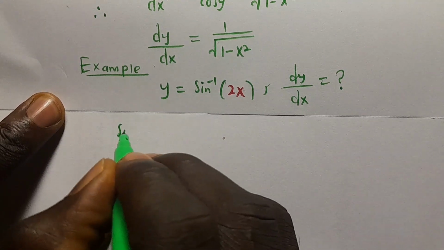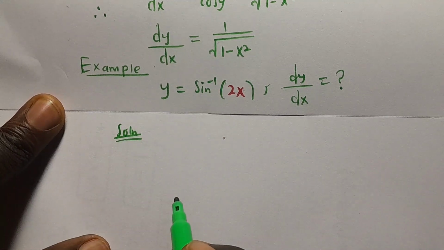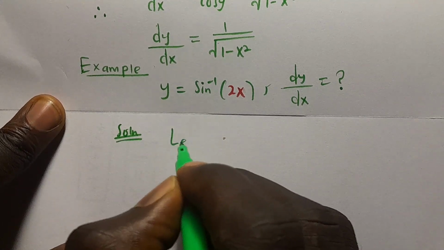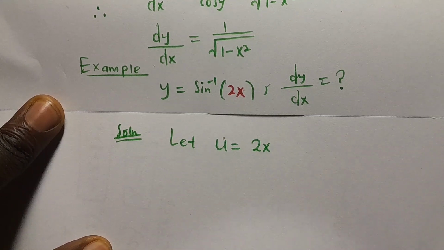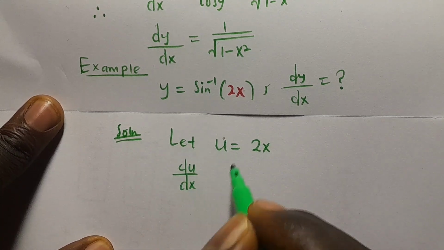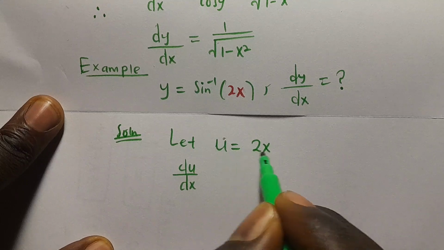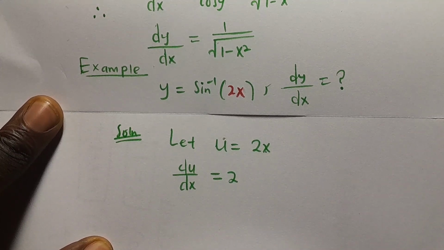So from here we have the solution. We can say let u equal 2x. Now let's obtain du/dx, which will be equal to 2. Differentiate u with respect to x, we have 2.